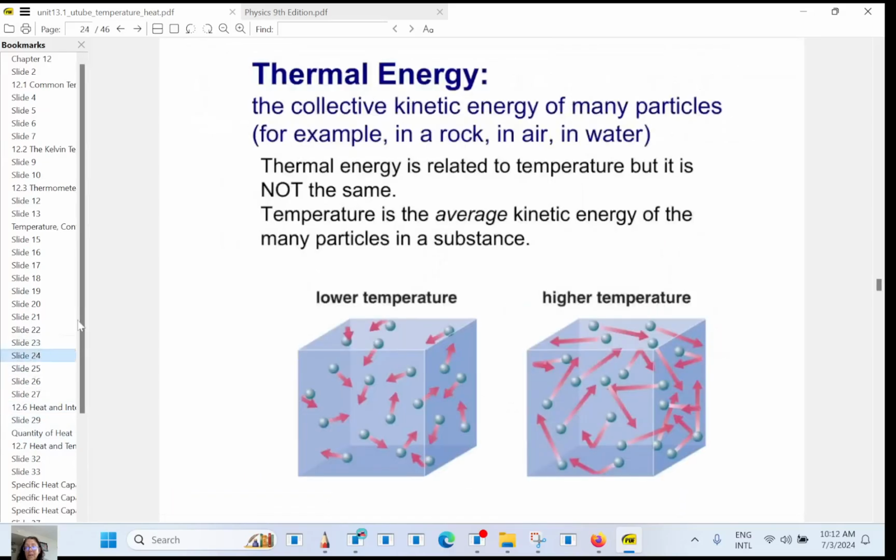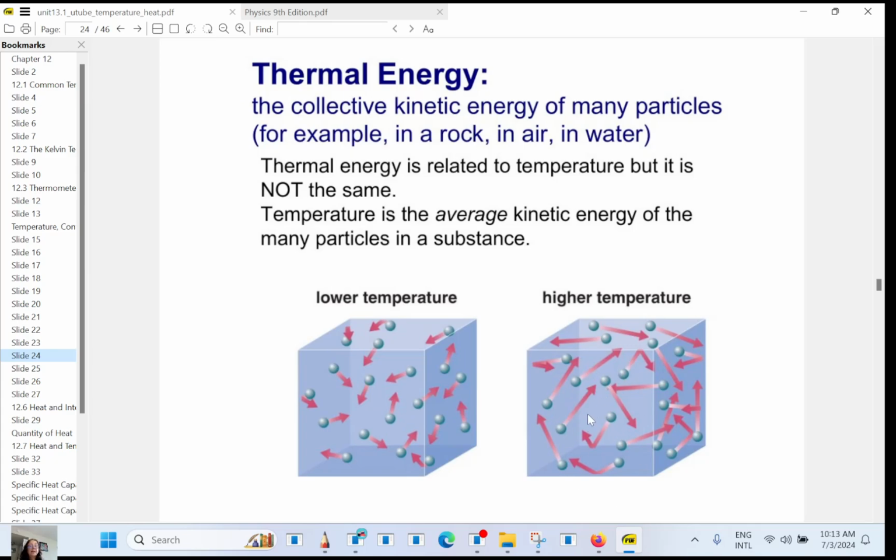Okay, so let's go back to the definition of temperature. Temperature is the kinetic energy per particle. And not any kind of kinetic energy, it's the translational. So it's the average translational kinetic energy per molecule.